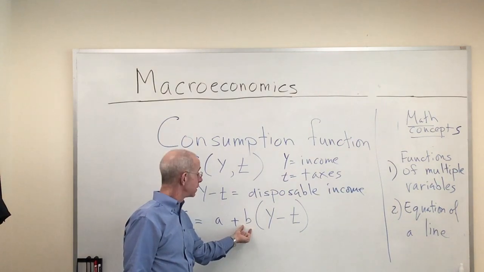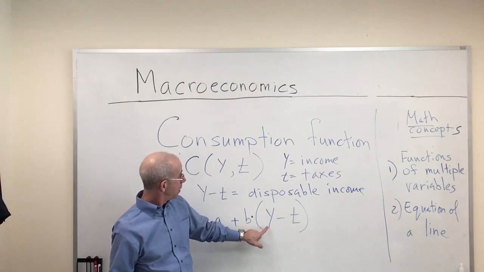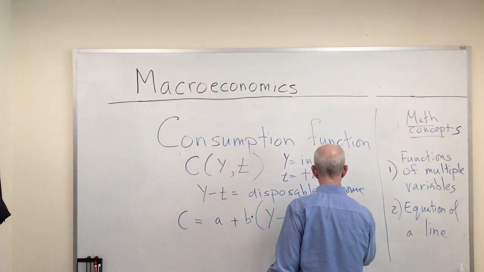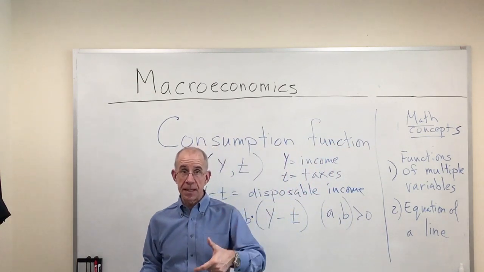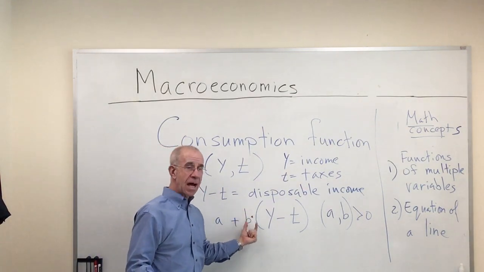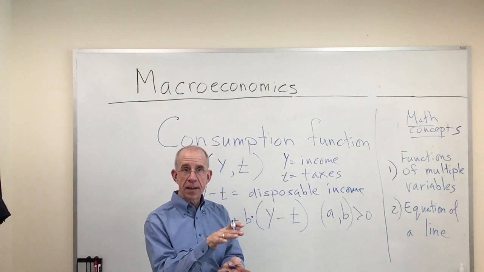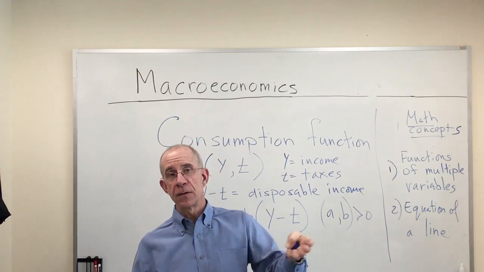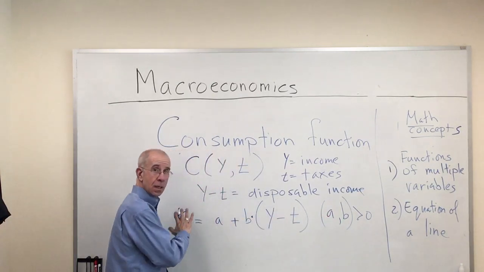And then I'm going to multiply that times the disposable income. I'm going to say that both A and B are greater than 0. Consumption has a positive relationship with disposable income. The higher my disposable income, the more I'm going to have to spend on goods and services. So it's a simple linear equation.